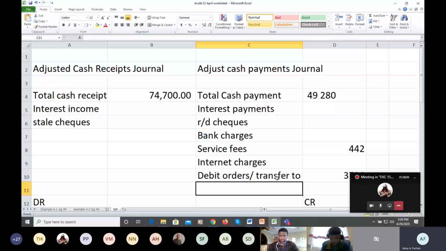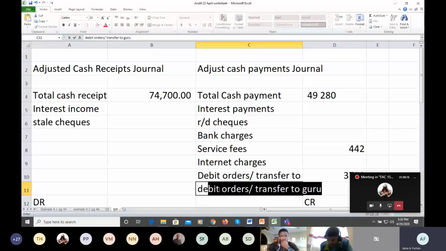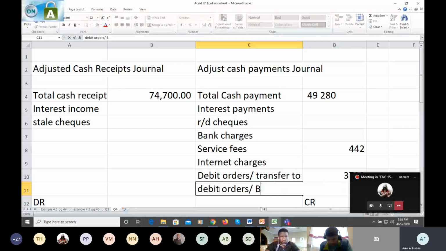The next one says a debit order of 400 rand in favor of BA Insurance. So with two debit orders, let's put another debit order there, and let's reference it BA Insurance, of 400 rand.